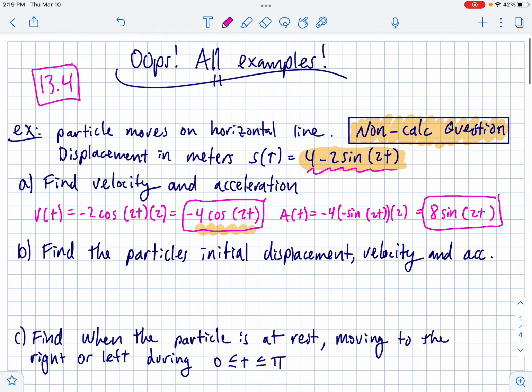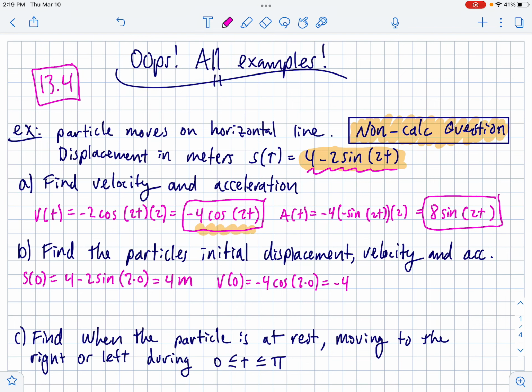Find the particle's initial displacement, velocity, and acceleration. So that's feeding 0 into all of these. So the first one, S of 0 is 4 minus 2 sine 2 times 0, which the sine of 0 is 0, so this whole thing is just 4. The initial velocity is putting a 0 in for t, so we get cosine 2 times 0.